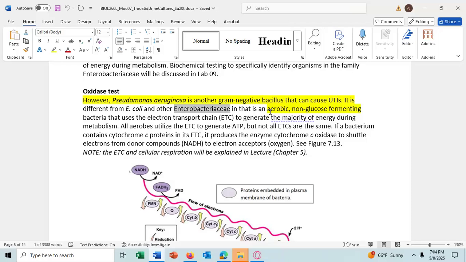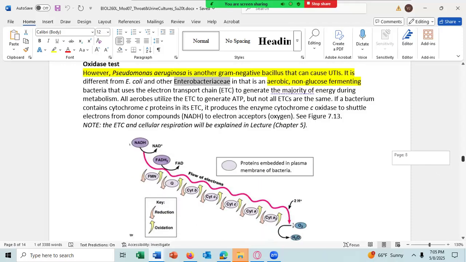I don't remember the term. Not saying it correctly, but something like a glucose fermentation media, and look at that. And you could also ferment the bacteria with glucose to distinguish the two families.